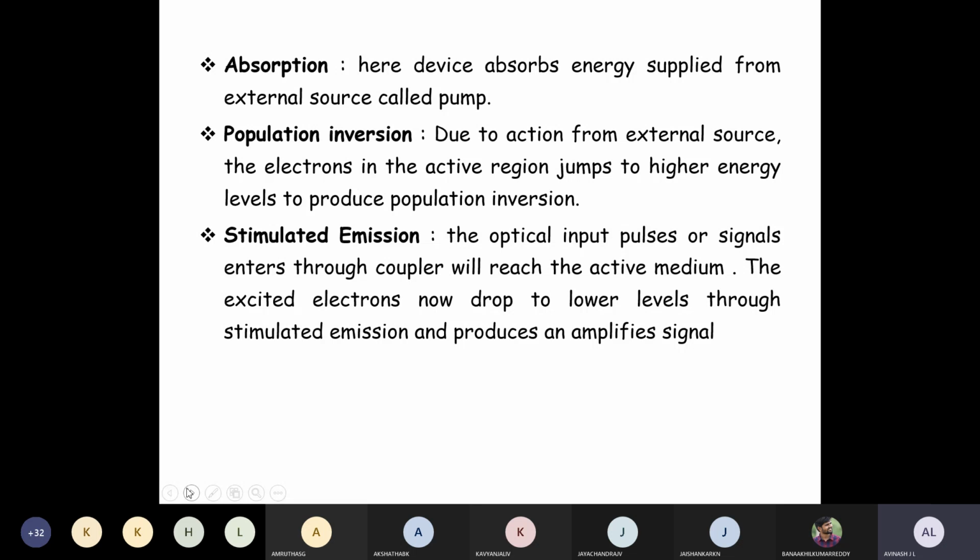The excited electrons now drop to the lower level through stimulated emission and produce an amplified signal, an amplification of the signal. Now what you can understand is that when the electrons are at a higher energy level, they cannot sustain there.